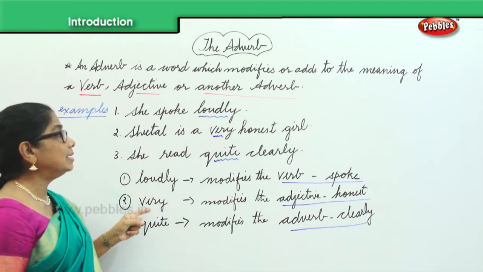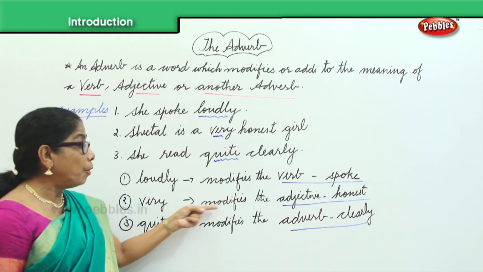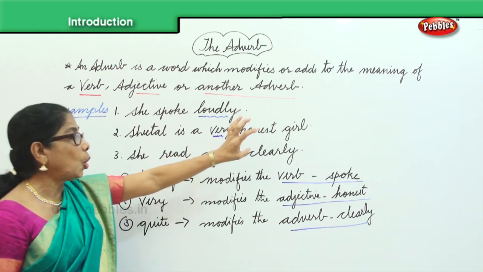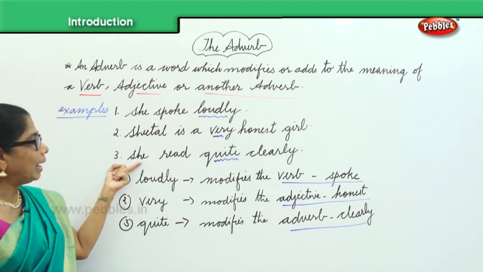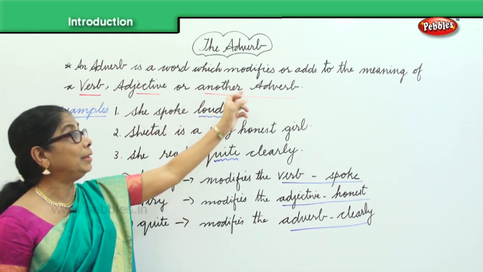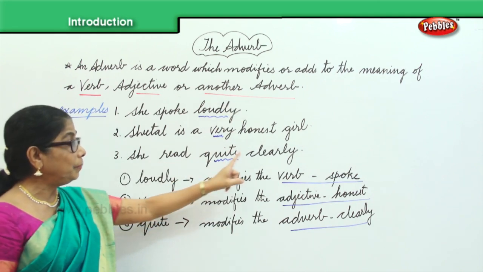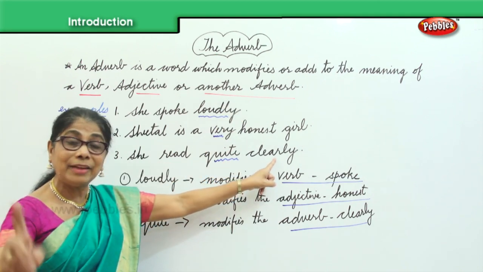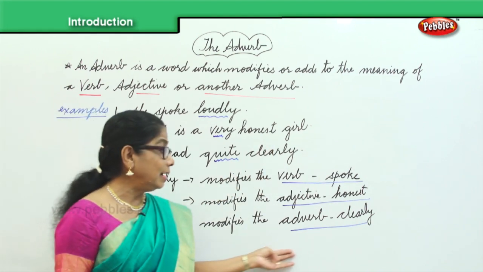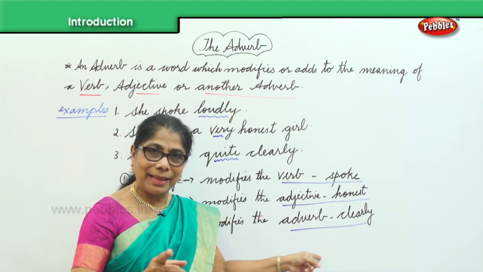The very is the adverb for us, and it modifies the adjective honest. What kind of girl? An honest girl. In the third, it modifies the meaning of another adverb. Here quite is an adverb, clearly is also an adverb. Therefore, the adverb quite modifies the adverb clearly.